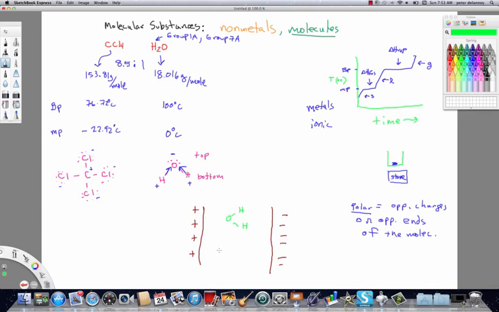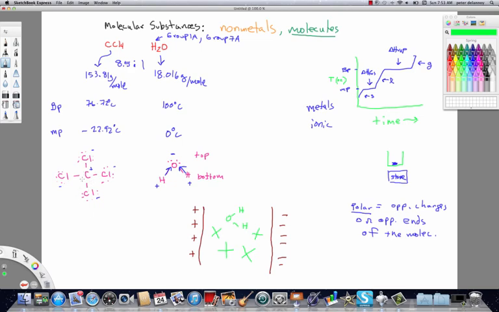However, the carbon tetrachloride, and I'm going to draw it like this. The carbon tetrachloride is going to have an infinite number of orientations between the plates. It's going to be busily turning any direction that it wants to be in, because there's no place on this molecule where you've got opposite charges on opposite ends of the molecule.